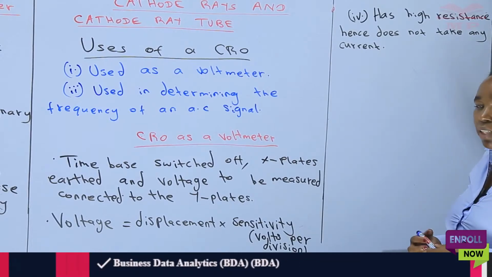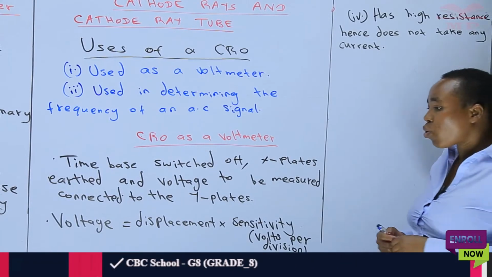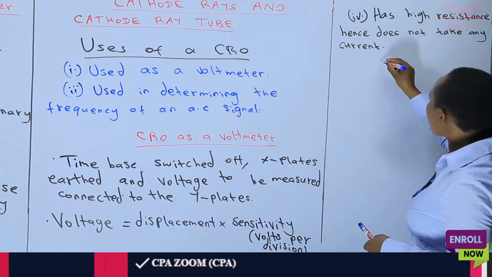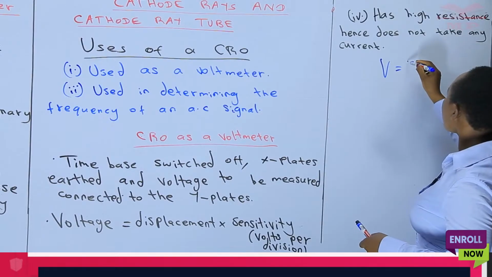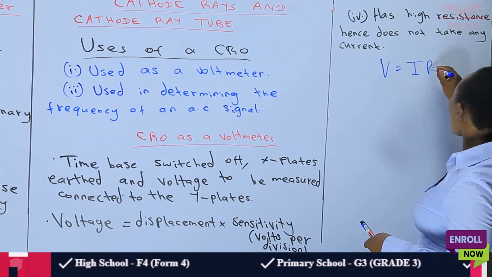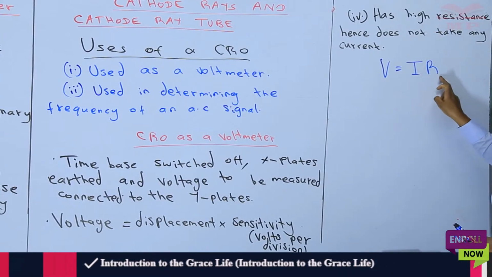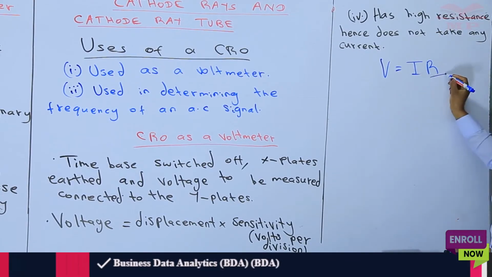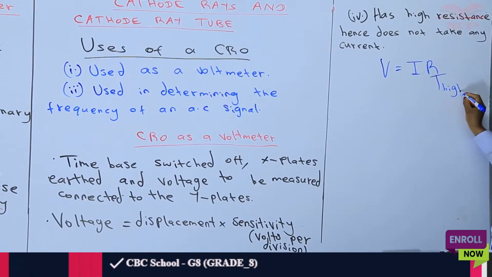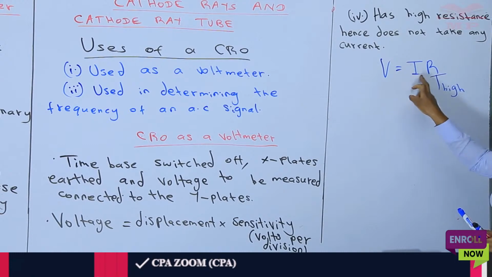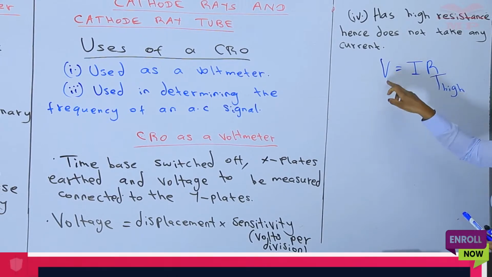From current electricity, on Ohm's law, we know that Ohm's law relates voltage to resistance, that is V equals IR, and we are saying that a CRO has a very high resistance. When the resistance is high, it is not going to take any current or even any voltage.